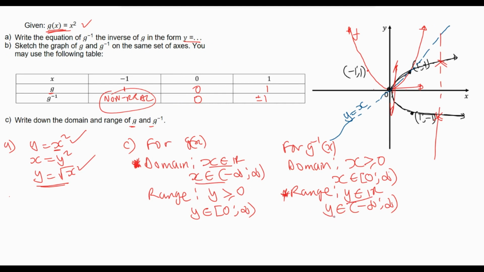So the domain becomes the range and the range becomes the domain. But remember, the domain is your x values, the range is your y values. That does not change. And then also look at the range for g, and then the domain for the inverse. So these things are swapped around. For the graph and its inverse, x and y interchange.